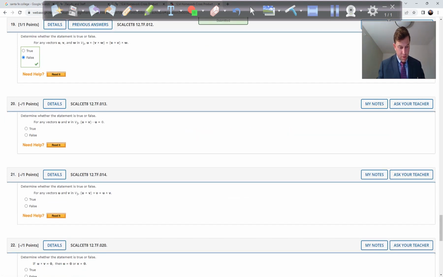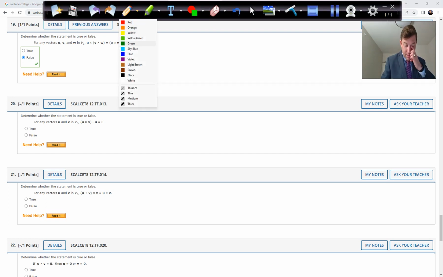Okay, determine whether the following statement is true. If you cross u and v and dot it with u, that equals 0. So u cross v will be a vector that is orthogonal to both u and v. And when you dot product that with u, let me actually try to draw this. It's not easy, but let me try.